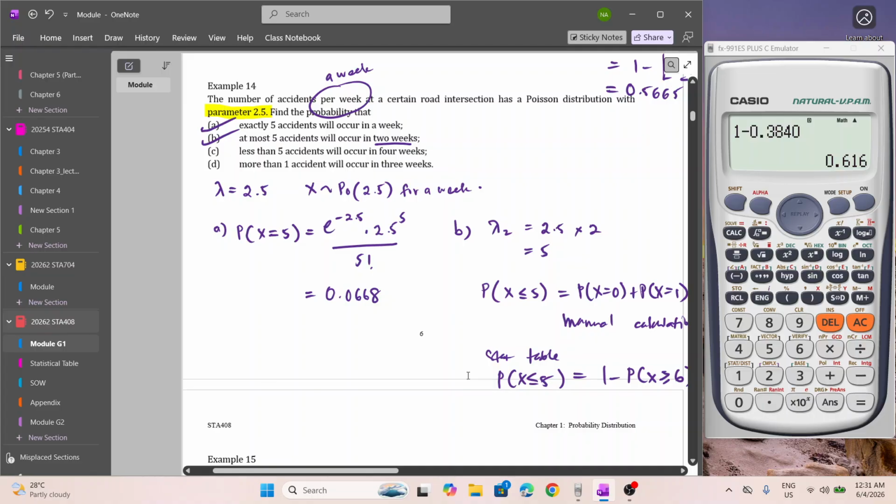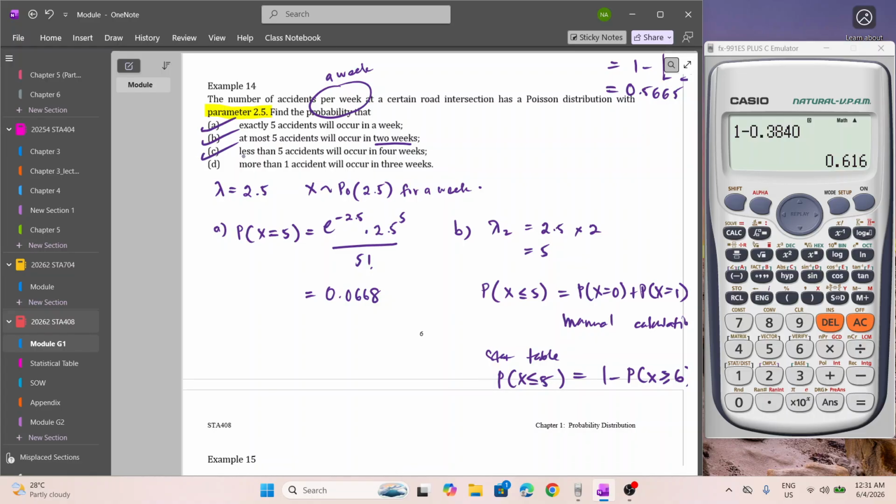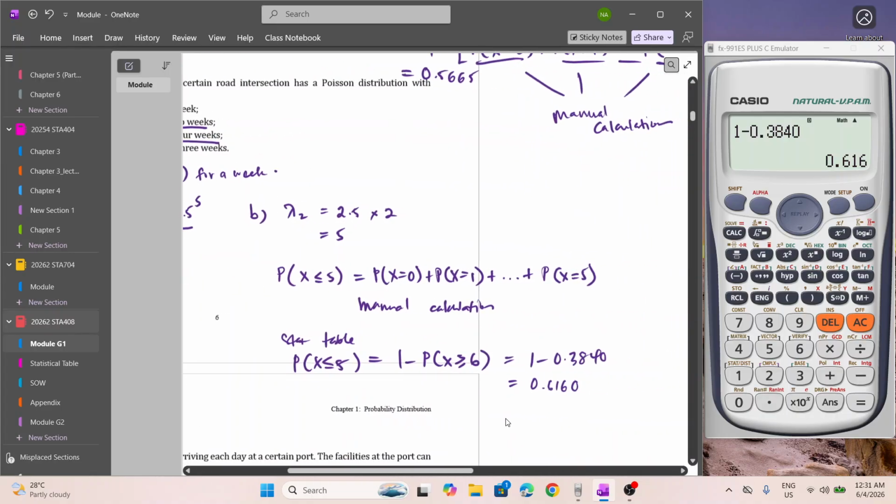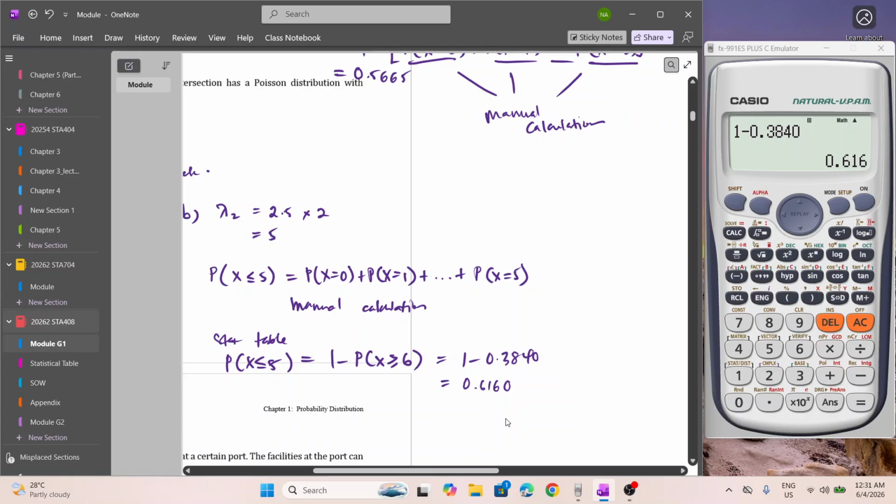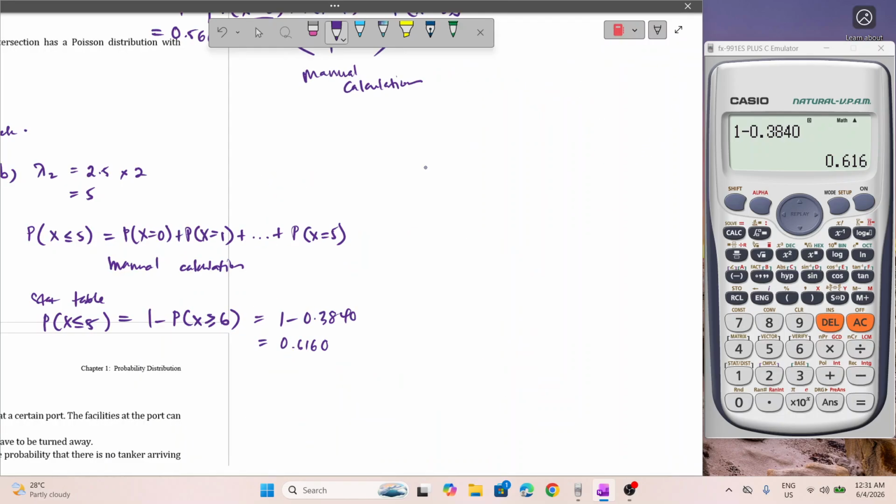And for question C, less than 5 accidents will occur in 4 weeks. Okay, so in 4 weeks, again, you have to find the new lambda.